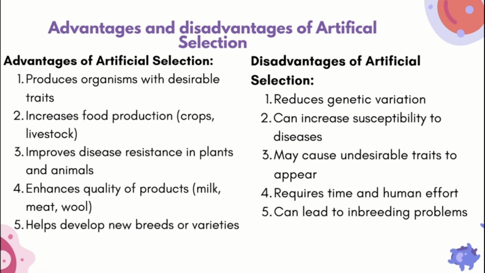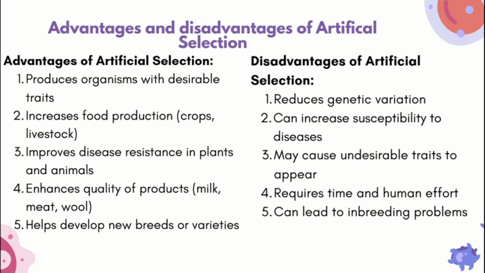It increases food production. As we said before, if we want more eggs, if we want more milk, artificial selection can help us to get that. And then it says it improves disease resistance in plants and animals. So yes. Artificial selection is not only about producing food for the market or getting more milk or getting more eggs. It's also about keeping plants and animals healthy.